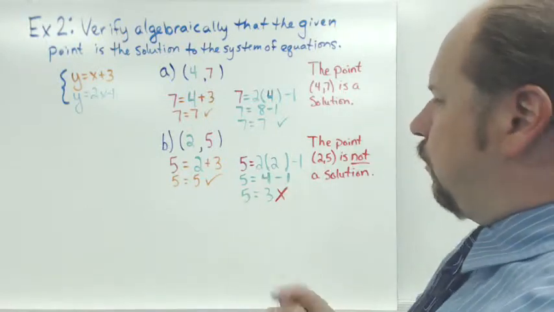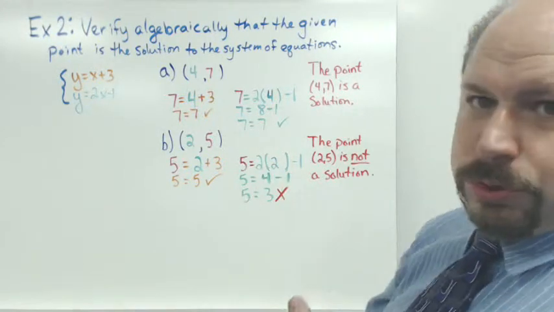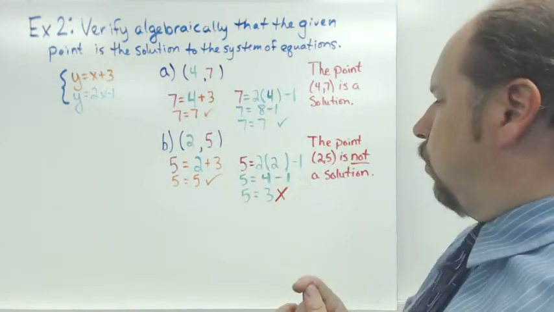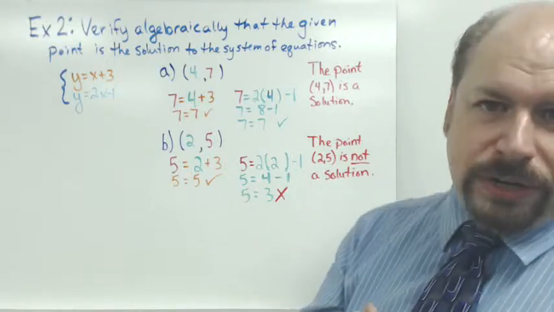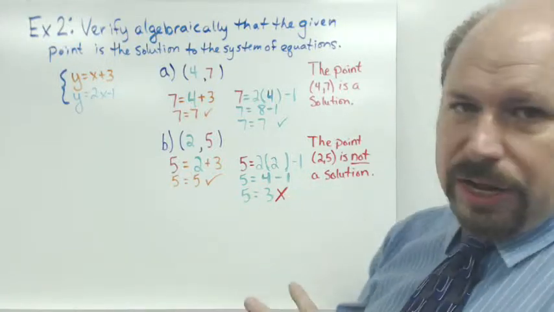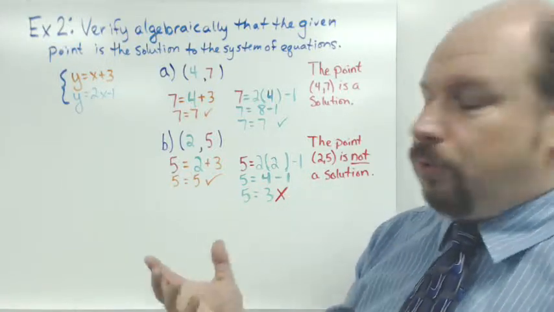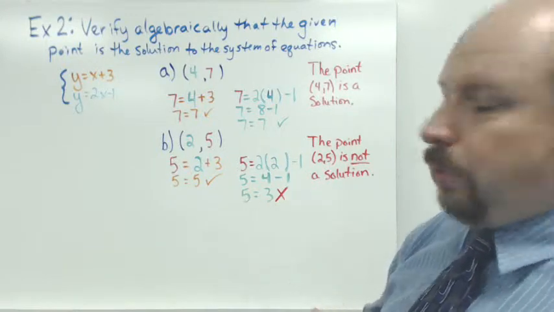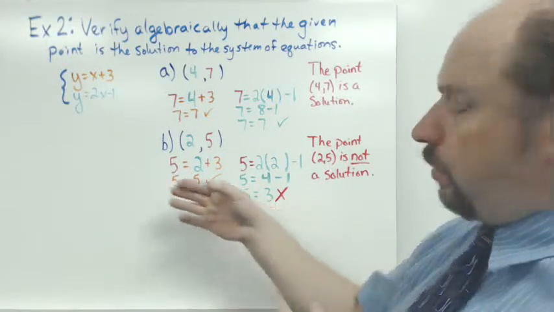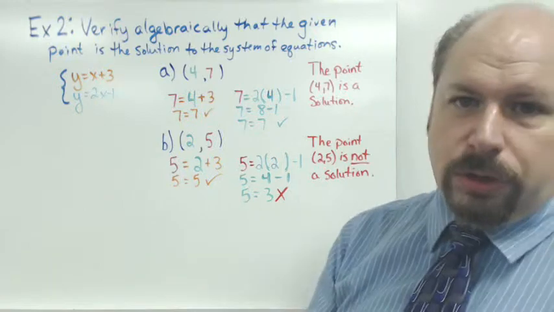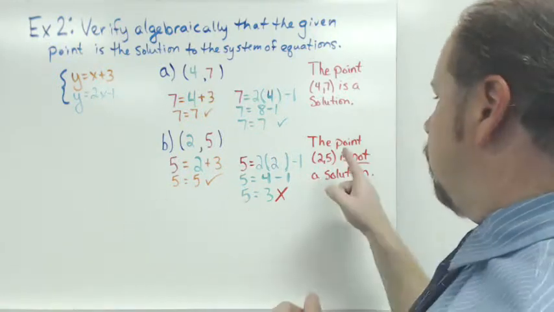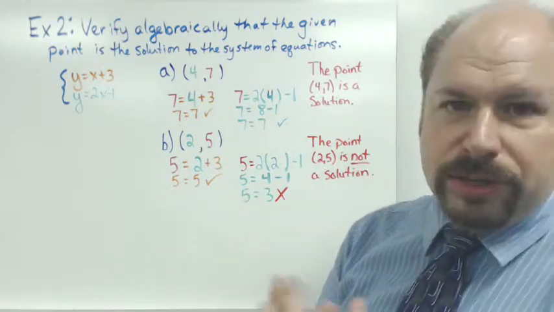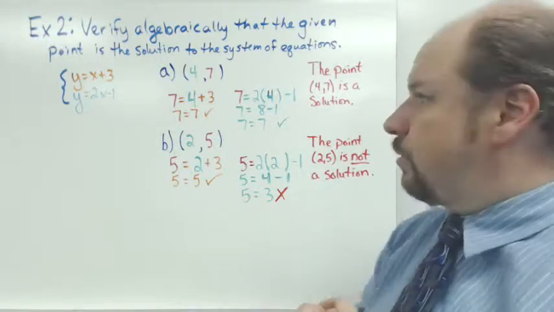But let's try it in the other one. 5 is equal to 2 times 2 minus 1. Well, that's 5 equals 4 minus 1. 5 does not equal 3, so therefore it doesn't work for this equation. Since it doesn't work for this one, it doesn't matter. If it doesn't work for either one, it's not the solution. So the point (2, 5) is not the solution to this system of equations.